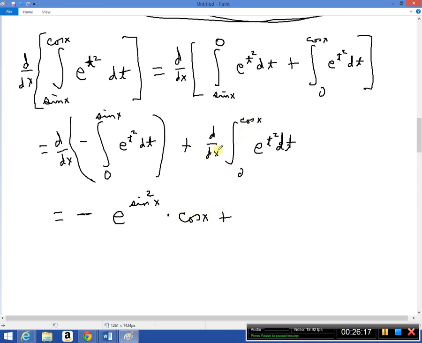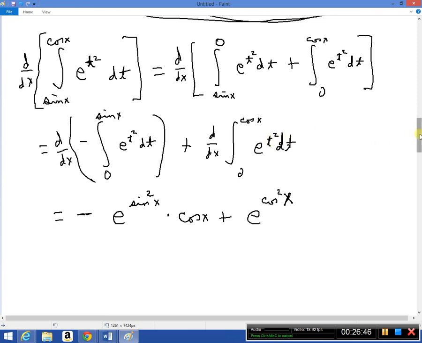Okay, now over here, this is again the derivative of an area function, except that it's not x up there, it's a function of x. So the derivative of the area function is, of course, the integrand, e to that power squared, but that power is cosine. So it's e to the cosine squared of x, because it's cosine of x that you're plugging in for t.